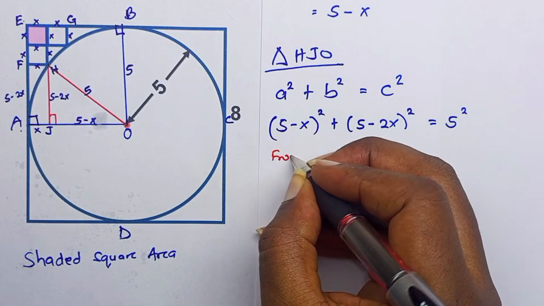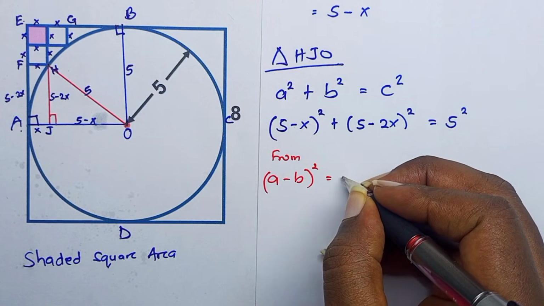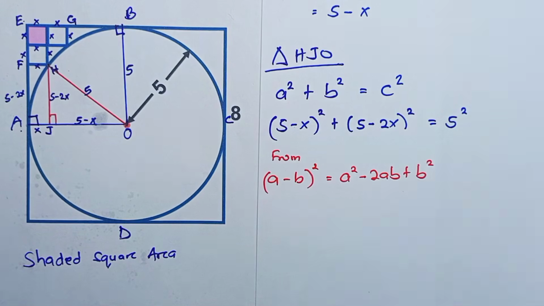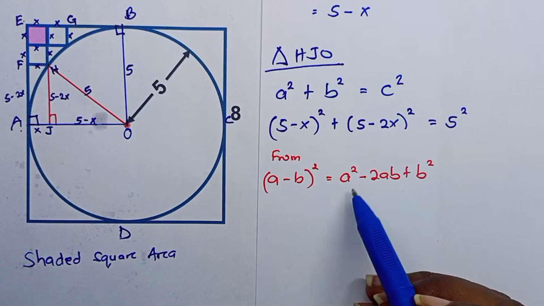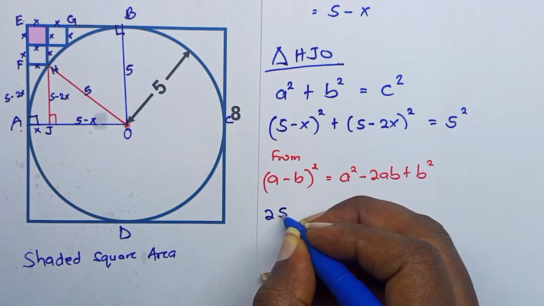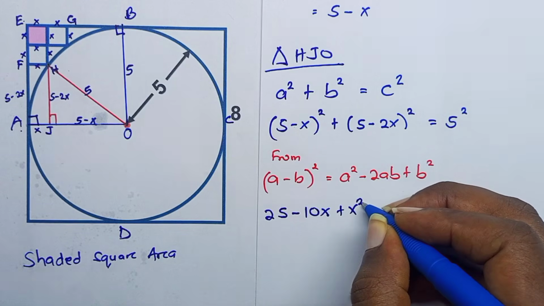From (A minus B) squared being equal to A squared minus 2AB plus B squared, expanding these two, this here will become 25 minus 10x plus x squared.